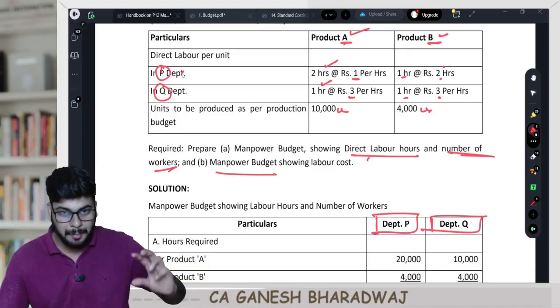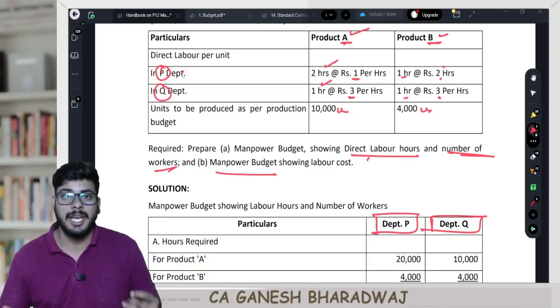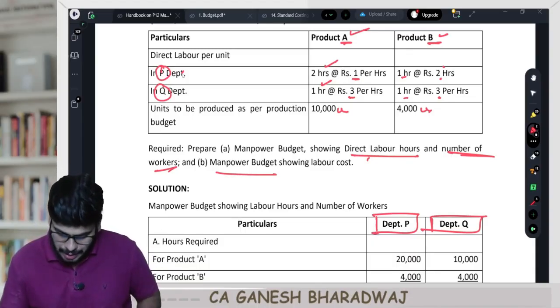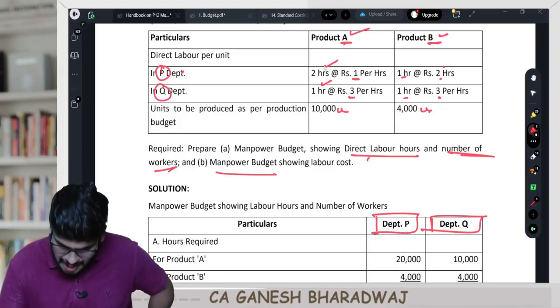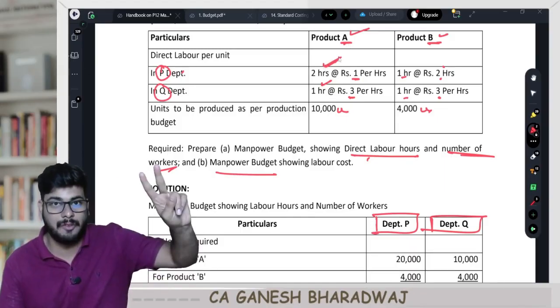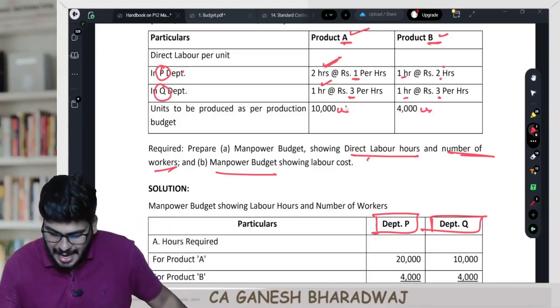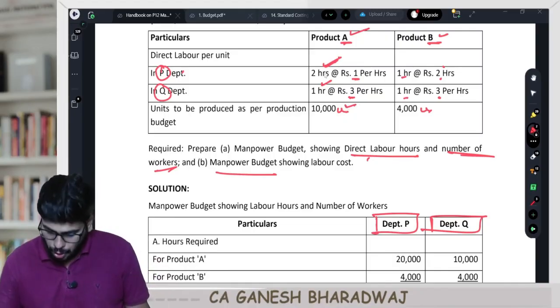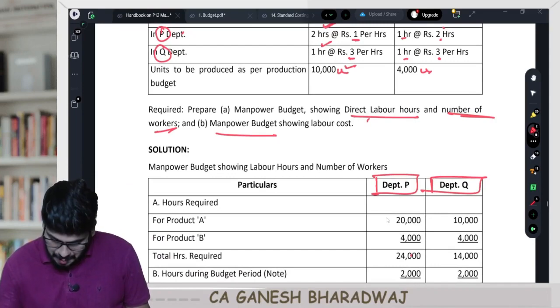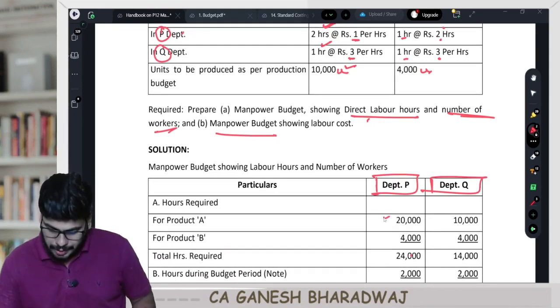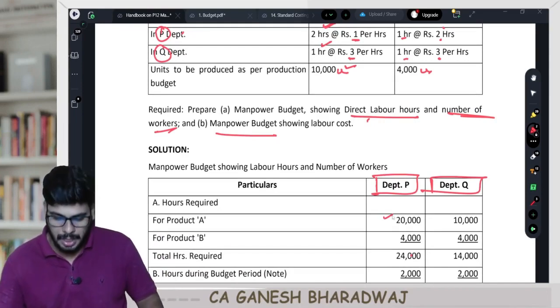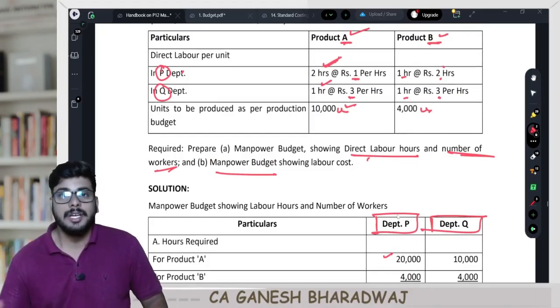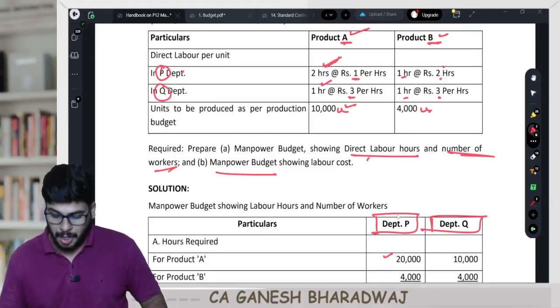Now, for the purpose of manufacturing product A, how many Department P hours are required? So, every unit of A spends 2 hours in Department P, right? And I'm going to produce a total of 10,000 units. So, 10,000 into 2, how much is it? So, in Department P, for producing product A exclusively, I need 20,000 hours. Similarly, Department P also processes product B.